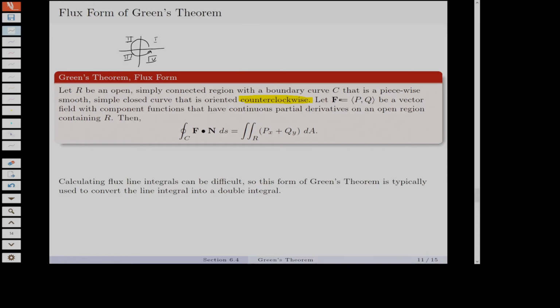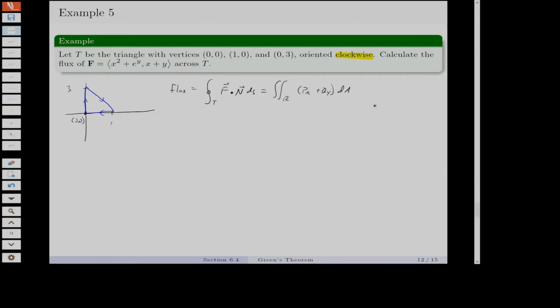So our vector field F was PQ, so here this first component is P and the second one is Q. Okay, so Px is the derivative of x squared plus e to the y with respect to x, so I get 2x plus 0. Okay, Qy is going to be 0 plus 1. Okay, so when I add these together, I'm going to have 2x plus 1.